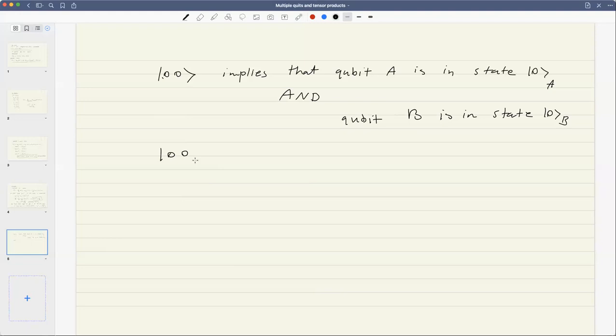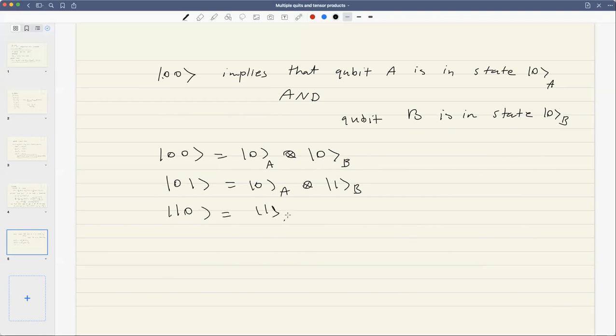So it's quite helpful to write this as 0 of A tensor 0 of B. This less compact notation more explicitly makes it clear that the first bit refers to qubit A, the second bit refers to qubit B. Similarly, 0, 1 is 0A 1B, 1, 0 is 1A 0B, and 1, 1 is 1A 1B.